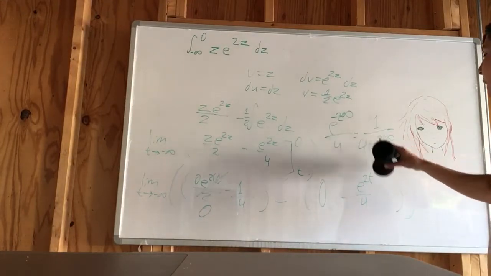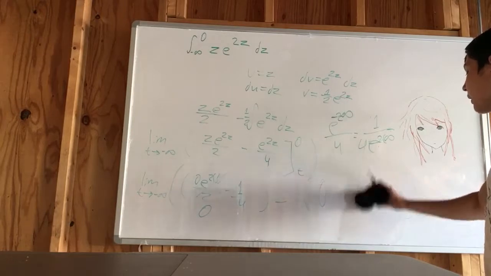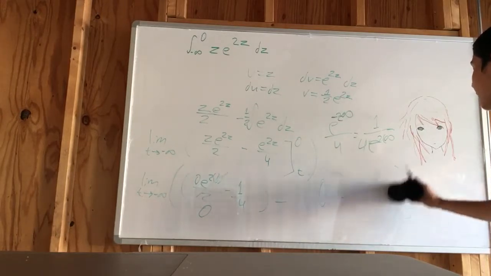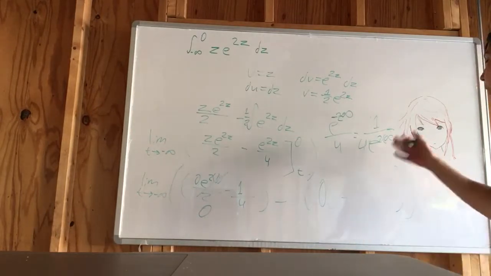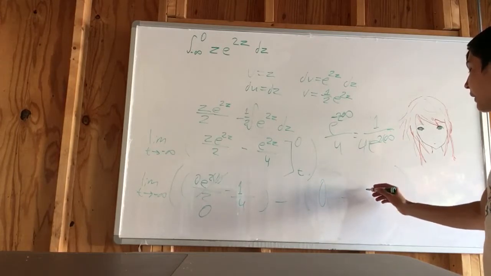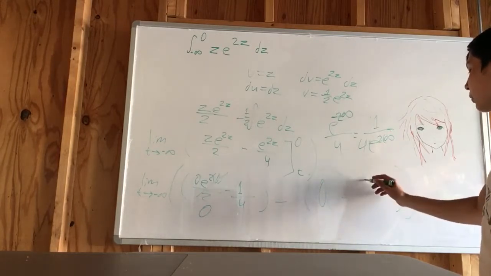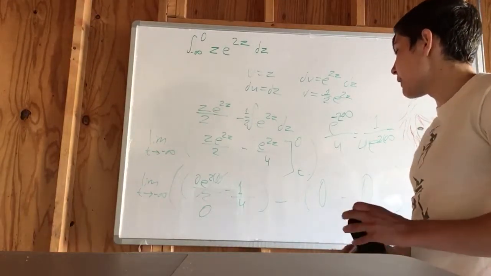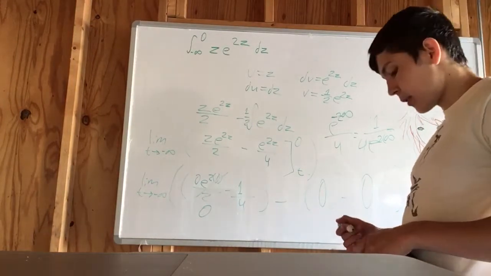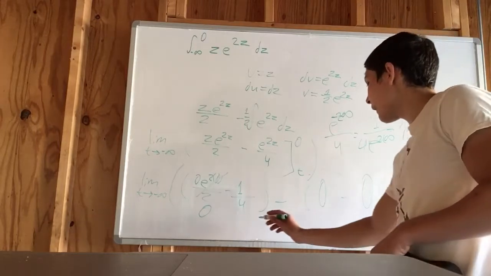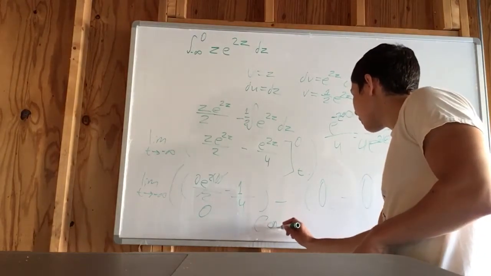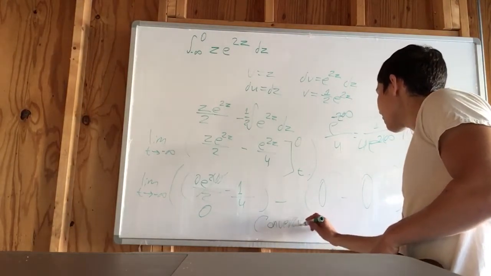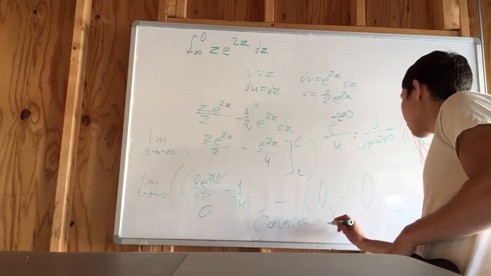You've got something really big going to infinity in the denominator. It's just constantly growing and growing and growing in the denominator. That means you're dividing by greater and greater quantities. You're just going to 0. So the answer is negative 1/4 minus 0. It's just negative 1/4. It converges to negative 1/4.